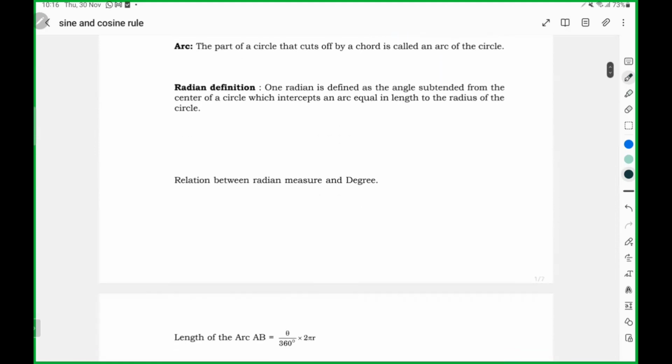And here, we should know the relation between degree measure and radian measure. Coordinate axis.